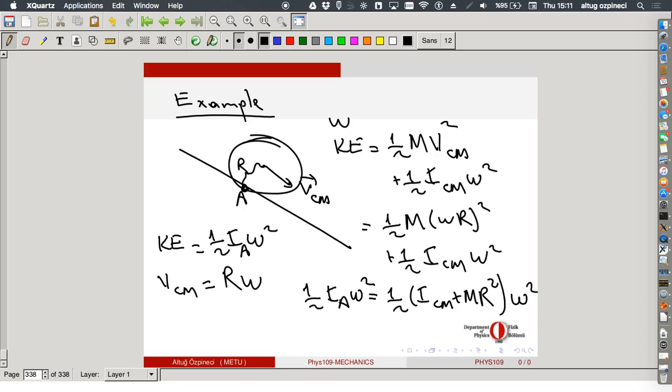But this is also what the parallel axis theorem tells me: the moment of inertia for rotations around A is equal to I center of mass plus m times r squared.